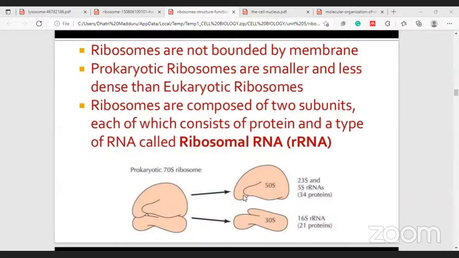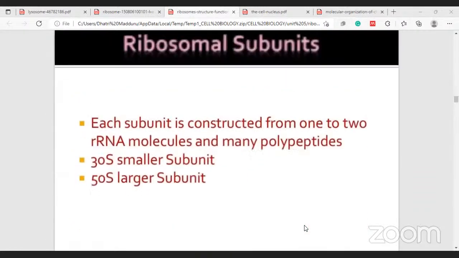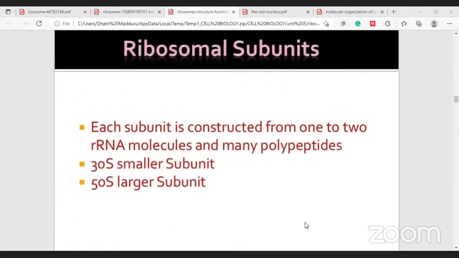Here we can see in the 50S, we have two rRNAs, ribosomal RNAs, that is 23S and 5S, and it has 34 proteins. In the 30S, we have 16S rRNA and 21 proteins. Each subunit is constructed of one or two rRNA molecules and polypeptides.